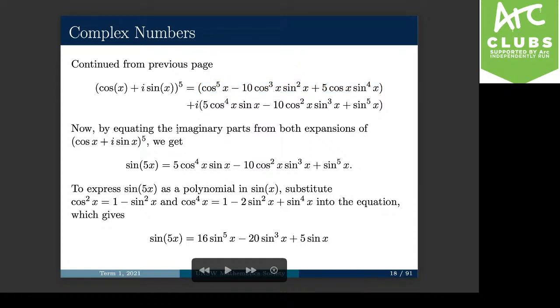Then we find this result. Since the question is asking to compare the imaginary parts, you just equate them.